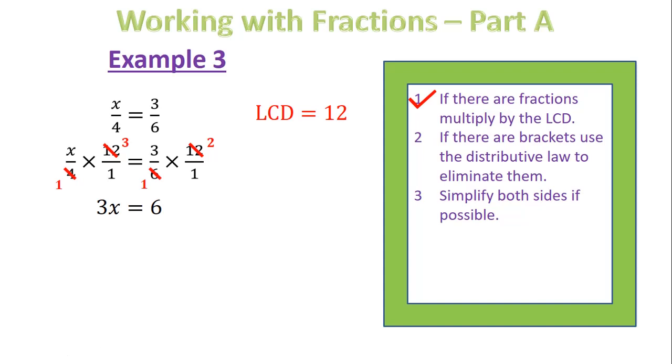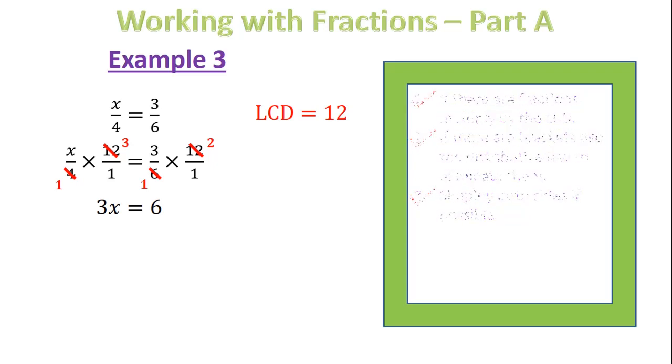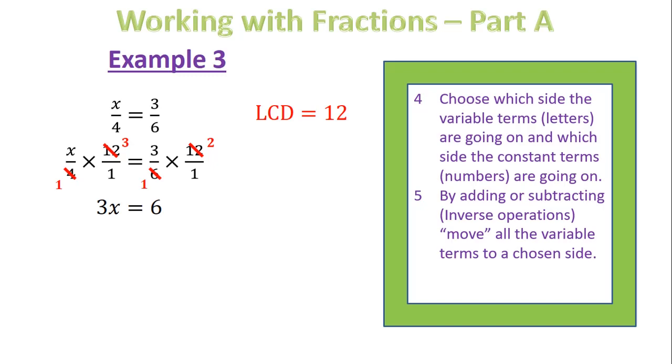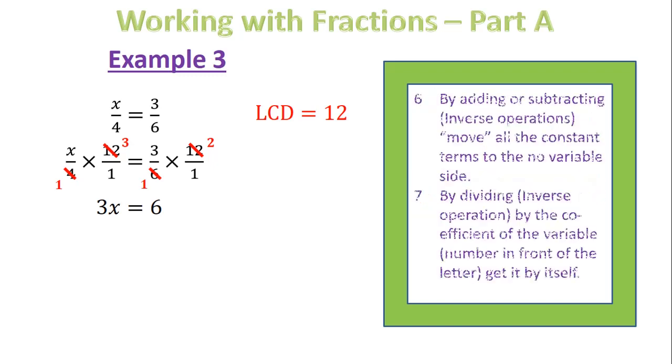As in previous examples, there's no point in step 2 because there are no brackets. We don't need to simplify. Step 4, we don't need to choose which side. Step 5, we don't need to move anything. Step 6, we don't need to move anything. Step 7, by dividing by the coefficient of the variable, get it by itself. What is in front of my x?